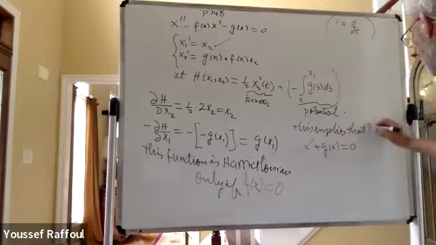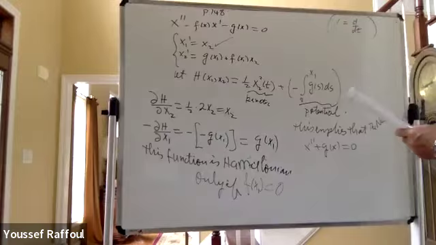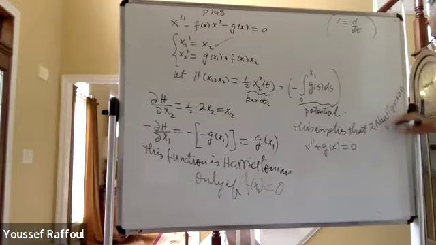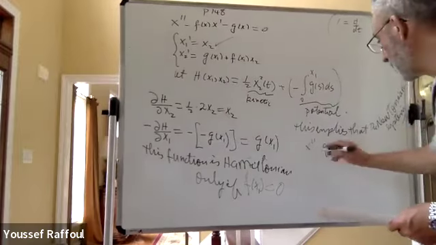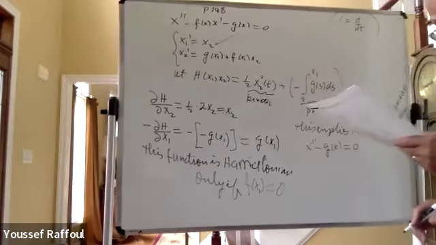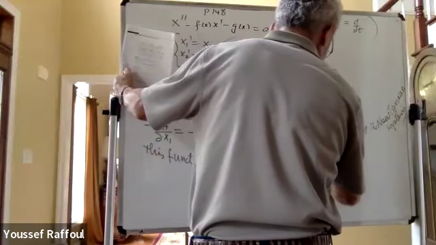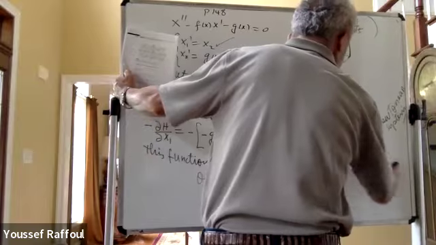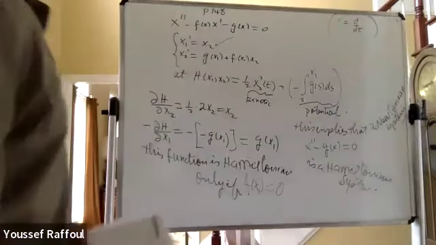This implies that the Newtonian system, x second plus g of x, or minus g of x, equals 0, is a Hamiltonian system. Okay, so this is a Hamiltonian system.